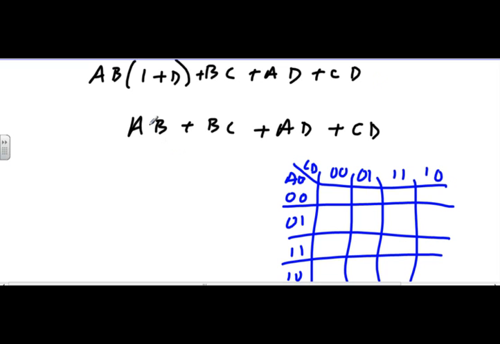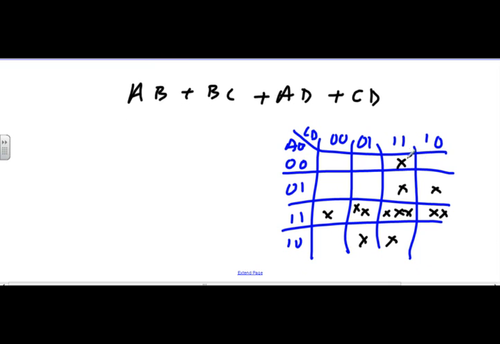So A, B, boom, boom, boom, boom. B, C, those guys that I already have. A, D, and those guys that I already have. C, D, boom, boom, right there.